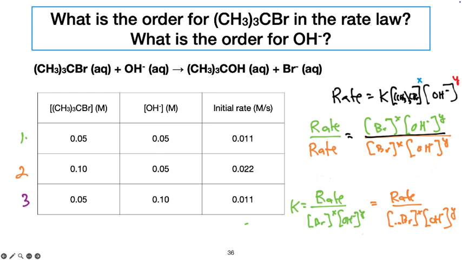Why is that valuable to me? Well, this goes back to your selection and yours as well. You said, I want to look at experiment 1 and 2. Well, if I look at experiment 1 and 2, what happens to the concentration of hydroxide? It stays the same, which means when I go back to this expression that I just arranged, what happens to that term?